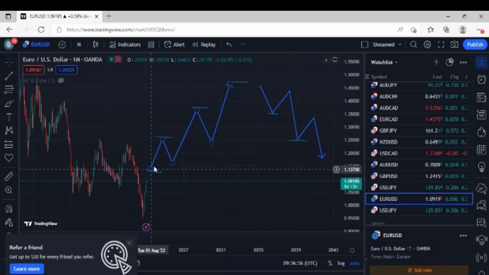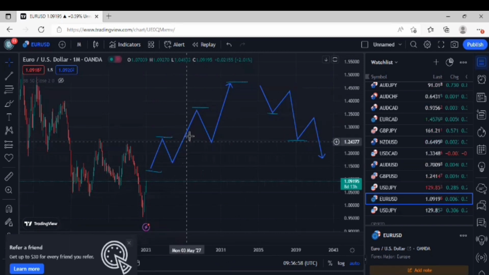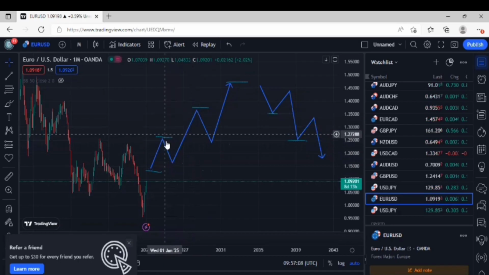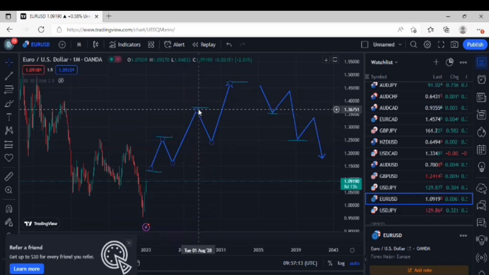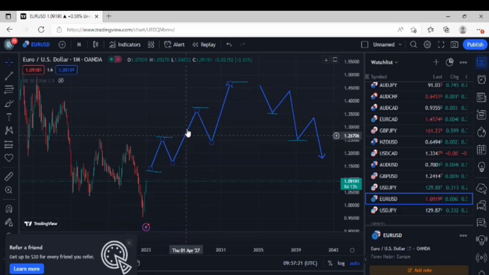So when the price breaks the previous structure, as we have it here, this is a structure, a resistance. The moment the price breaks this resistance that we have here, then we say we have a higher high, and that gives us an uptrend.